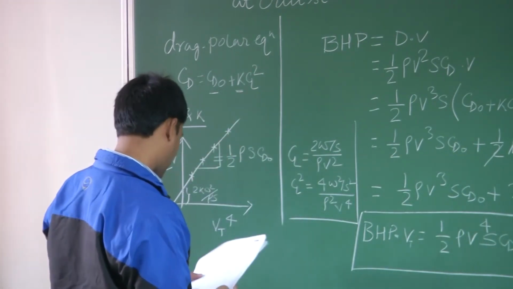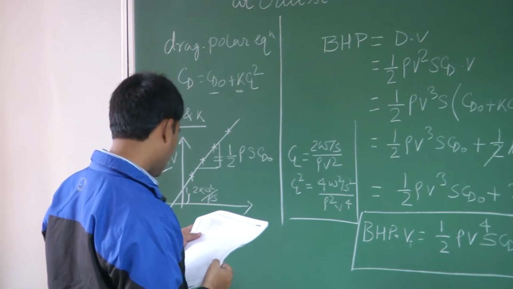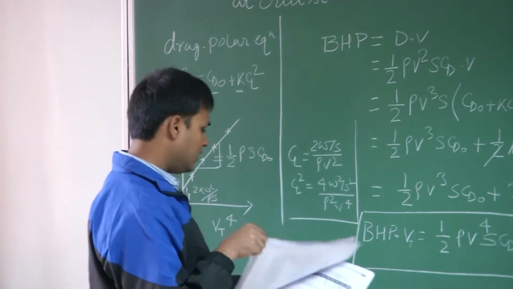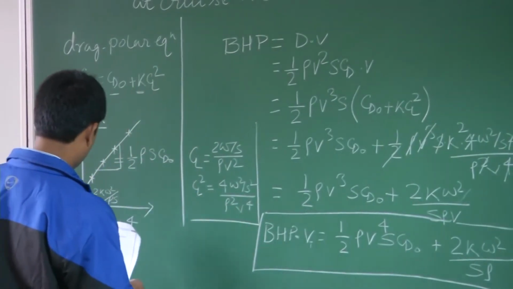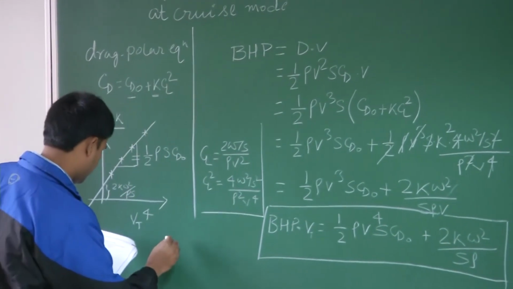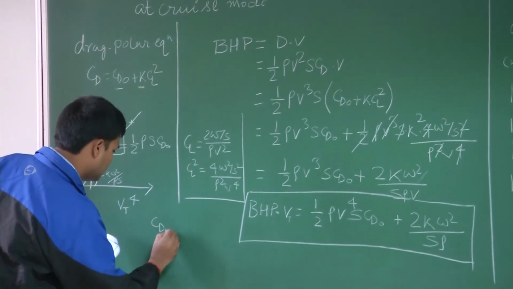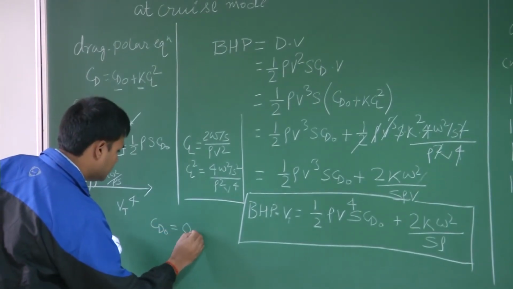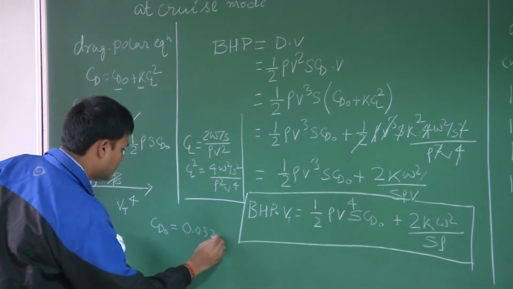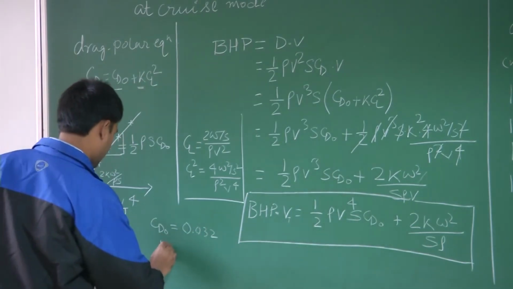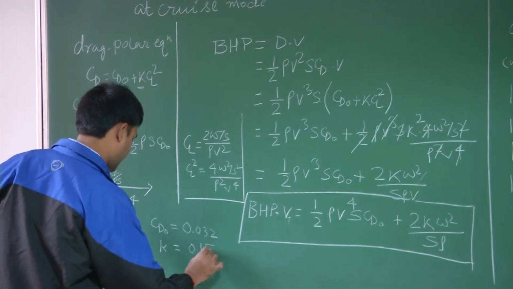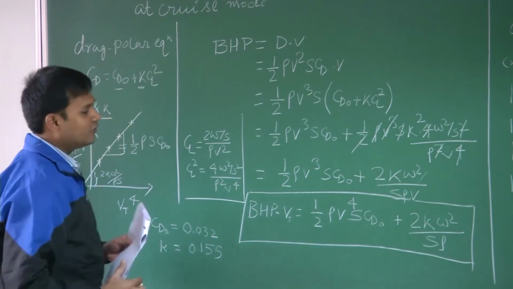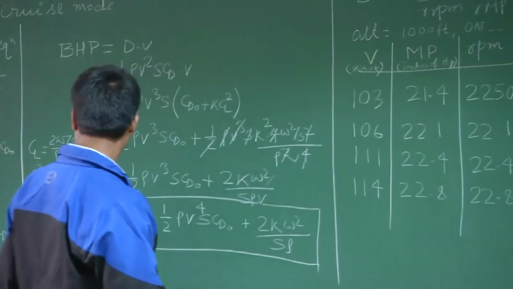With that, the values obtained for CD naught and K are these. From this slope you will get CD naught, which here is 0.032, and K came out as 0.155, as per these readings.